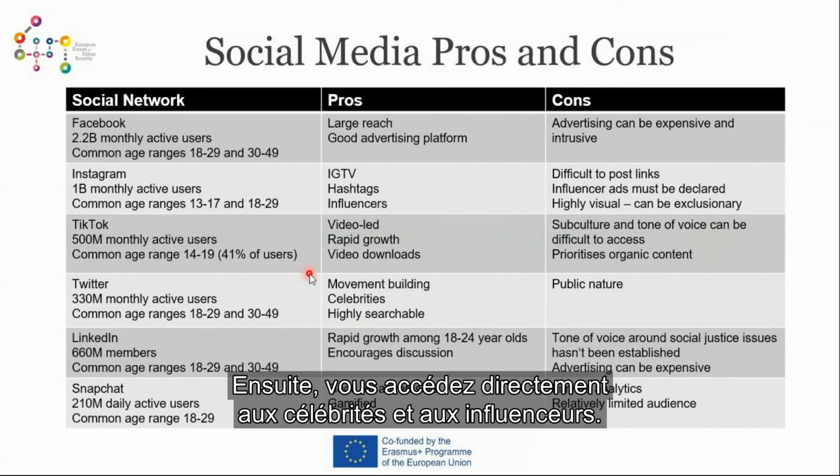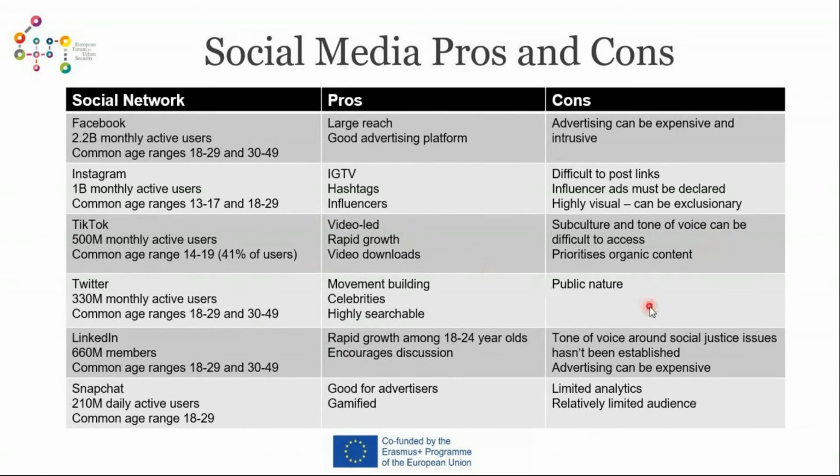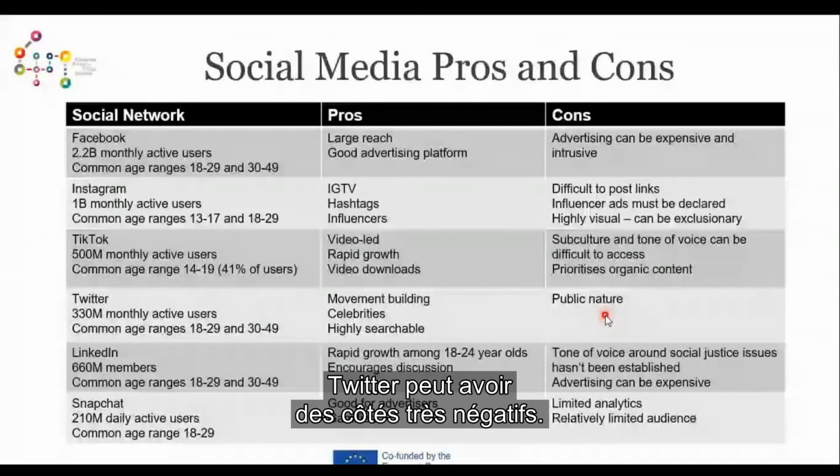Another pro is direct access to celebrities and influencers. So if you wanted that direct access, you could have it. The con is that it's got a very public nature, which means that, I mean, that can be a good and a bad thing, but Twitter also comes with some real negatives there.